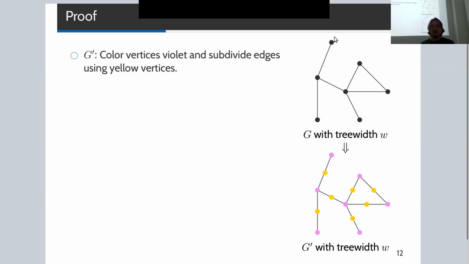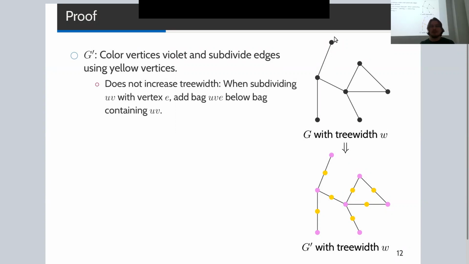So now the violet vertices correspond to vertices and the yellow vertices correspond to edges. First, we note that this modification does not increase the tree width, because we have to incorporate our new vertices into the tree decomposition.